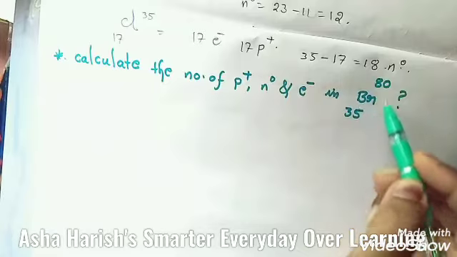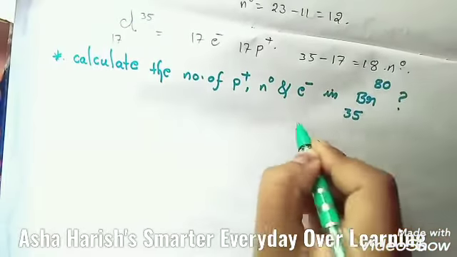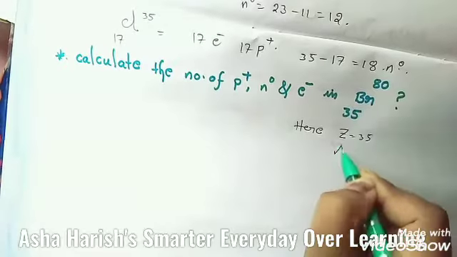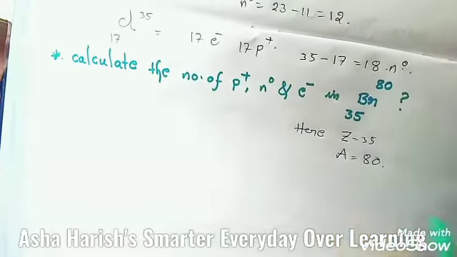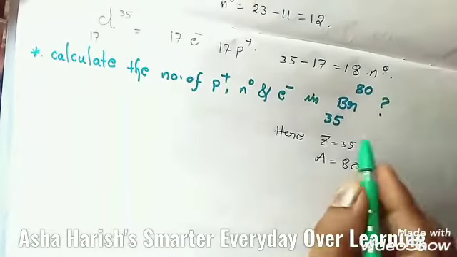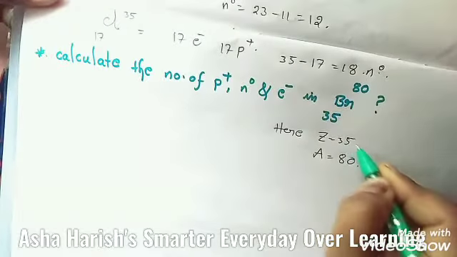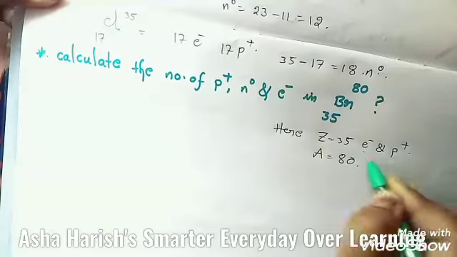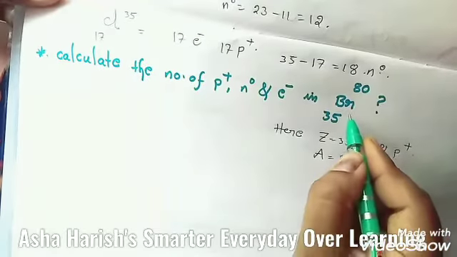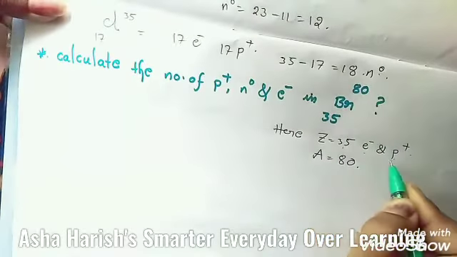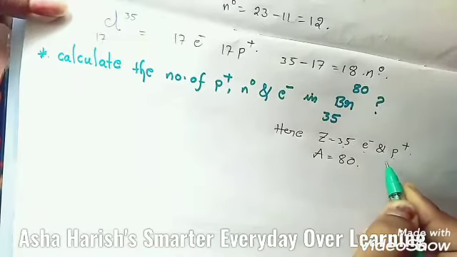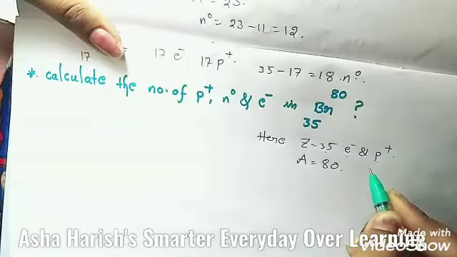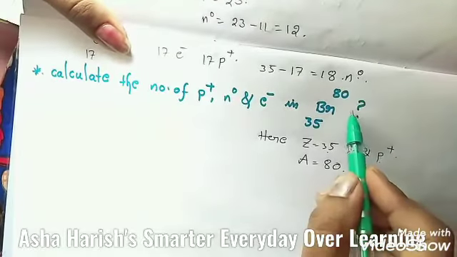By seeing this symbolic representation, students, here Z is equal to 35 and A is equal to 80. Z means atomic number, so the atomic number represents the number of electrons and the number of protons. These two are the same, students, so for bromine there are 35 electrons and 35 protons, and the mass number is 80.